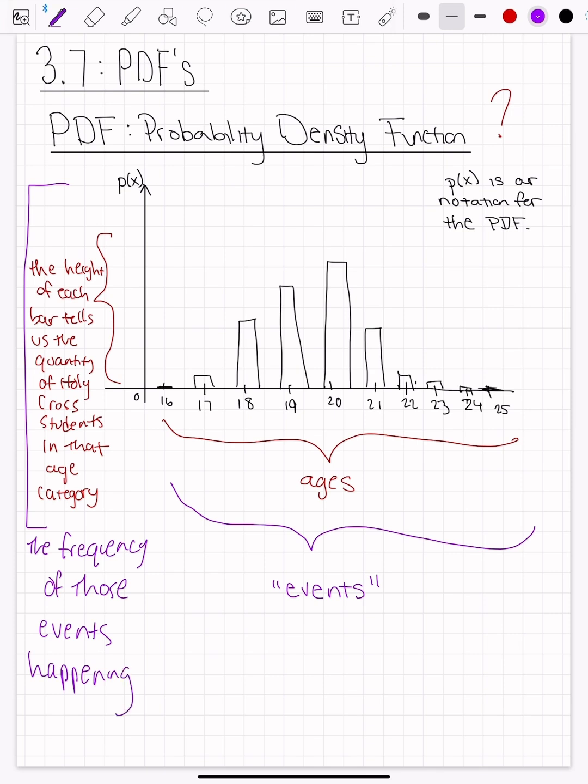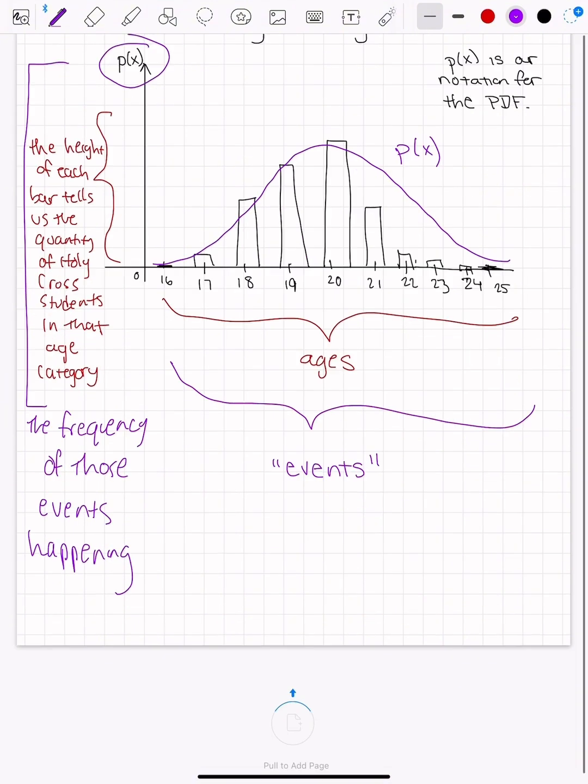Okay, so what we do, right, is we can draw a function p of x on there. And so since the y-axis is telling us how many times an event happened, an event cannot happen negative times.